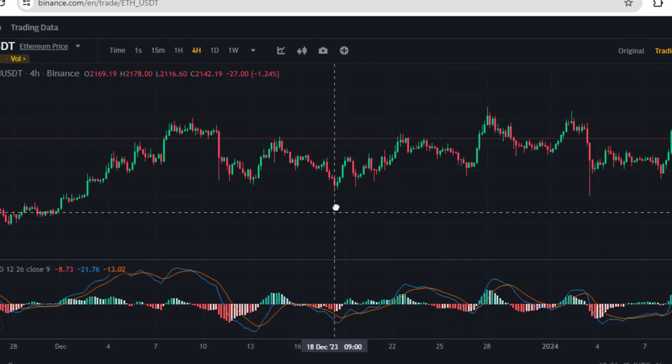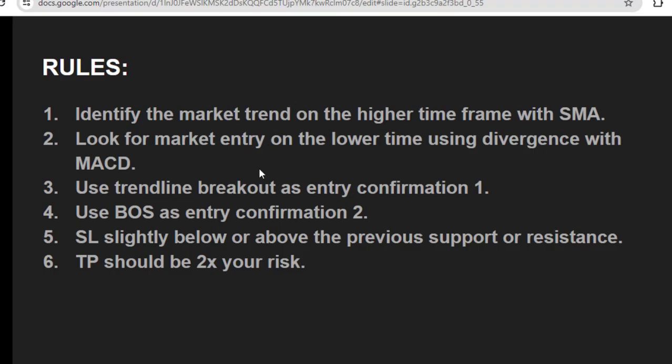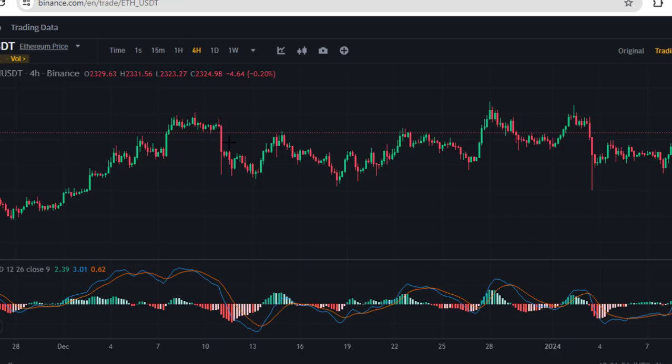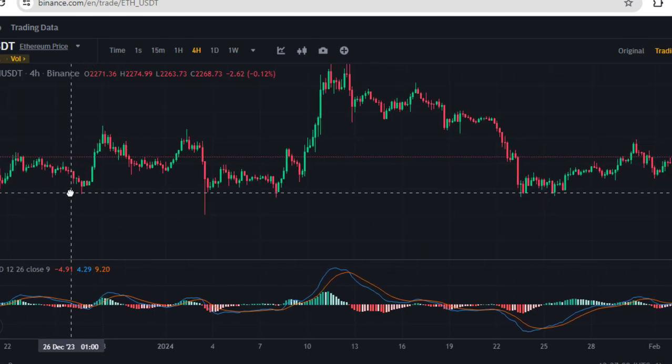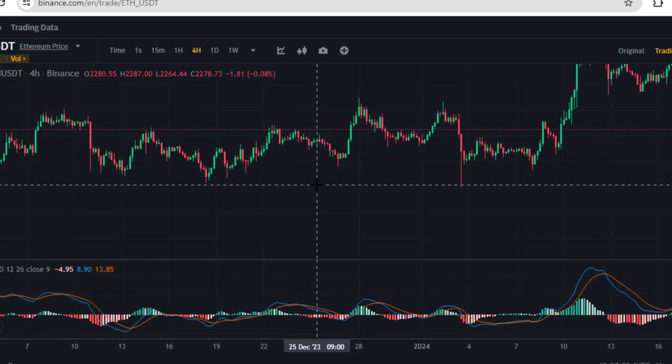Once this is done, the third thing in this strategy is to use trendline breakout as entry confirmation after we've looked for divergence. So after I look for divergence on this chart, then I will begin to look for where I see break of structure and trendline breakout.